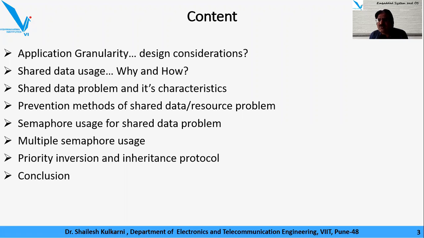So how are we supposed to make use of this scenario in programming in order to get maximum benefit, or in order not to get caught by the problems when sharing resources among n number of tasks? This is the bottom line agenda of this discussion. Okay, so let's start with the discussion.